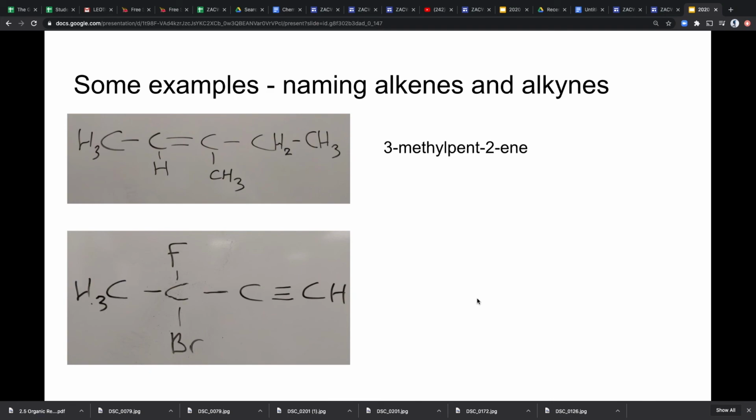So putting that all together and naming the halogens alphabetically, what do you think we should get? I'm still seeing 3 hands. Can we get a few more? Fine. Go for it, Nathan. 3-bromo, 3-fluoro, but-1.